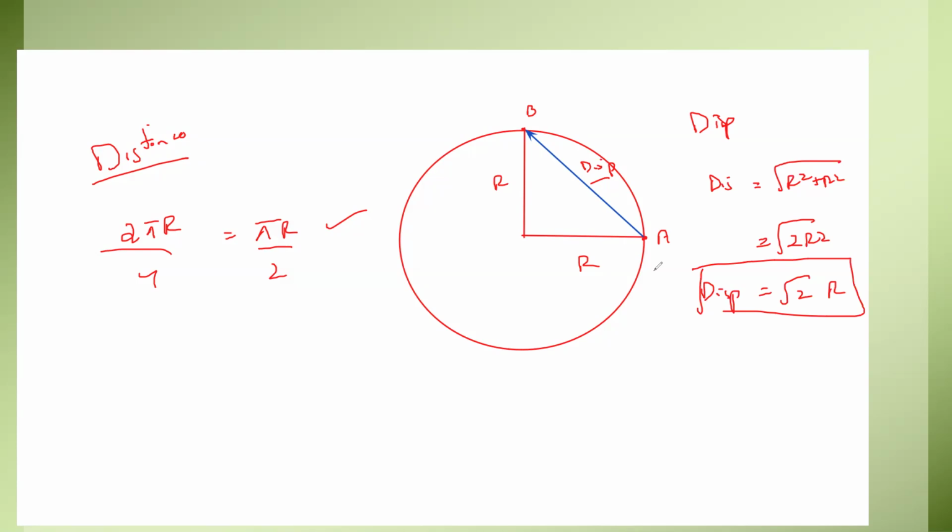So you may have a complete circle and you have to work out the displacement and the distance, a semicircle, or you may have a quarter of the circle.